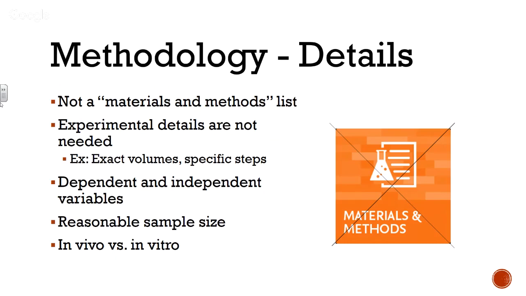You want to make sure to have a reasonable sample size. In a lab, you can't just have as large of a sample size as you want in order to have the most viable data, because a larger sample size comes with a cost issue. Then again, you can't have a sample size that's too small, because you don't have enough results that will allow you to make a good conclusion.